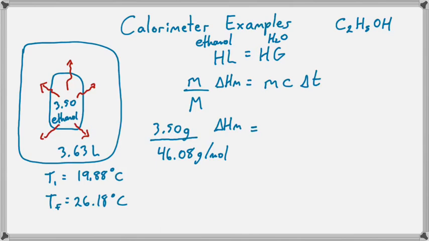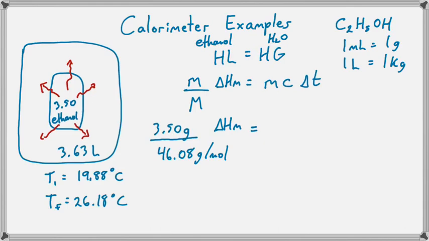On the water side of things, I know the mass of the water. They've given me 3.63 liters of water. If you remember that 1 milliliter equals 1 gram, then by doing conversions, 1 liter will be 1 kilogram. So I can either say that I have 3.63 kilograms, or I could say that I have 3,630 grams.